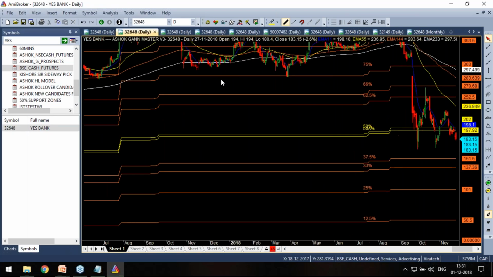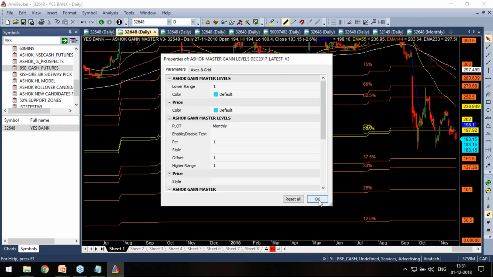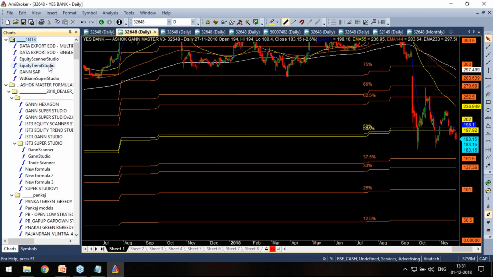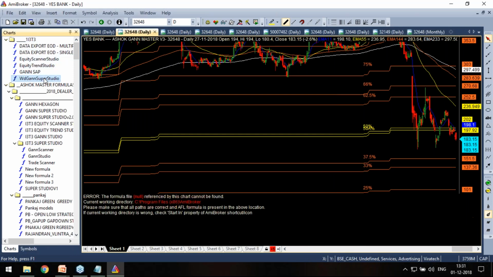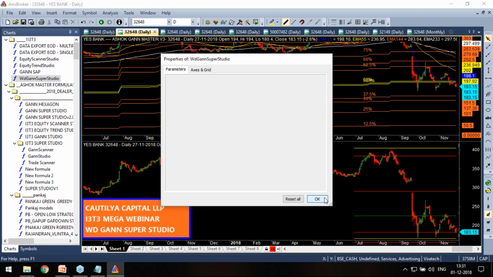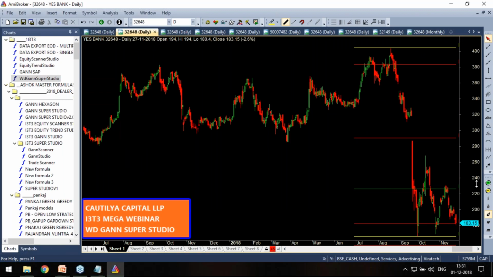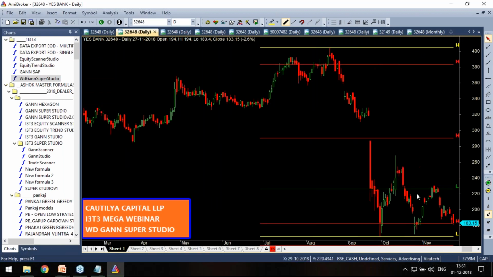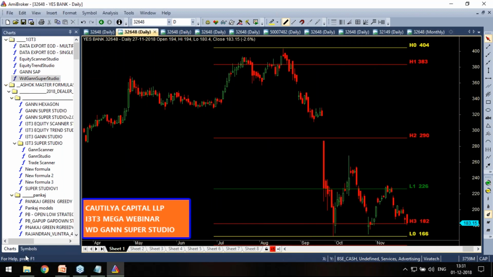Okay, this is not the one. Charts. It is the standard WD GANN studio. Okay, here is the studio for you. The symbol is Yes Bank.